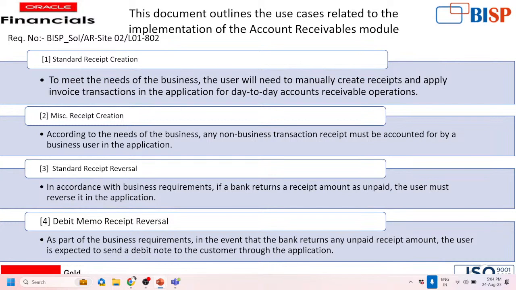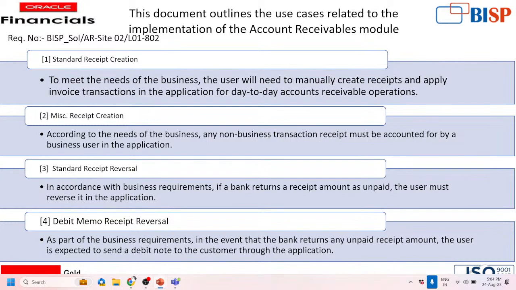That is the requirement of a business user. And in case of miscellaneous receipt, according to the needs of the business, any non-business transaction receipt must be accounted for by a business user in the application. So we will see how to perform that.